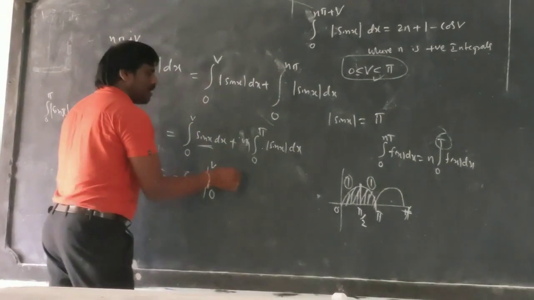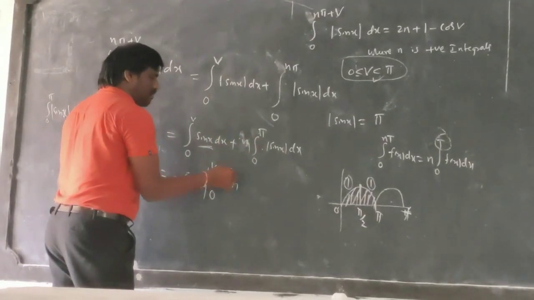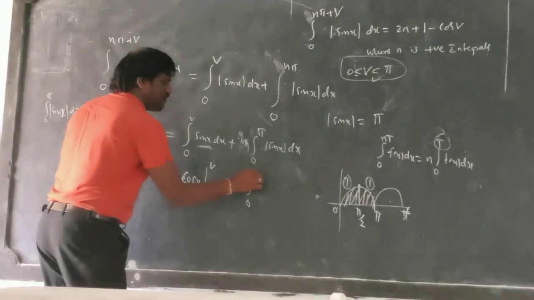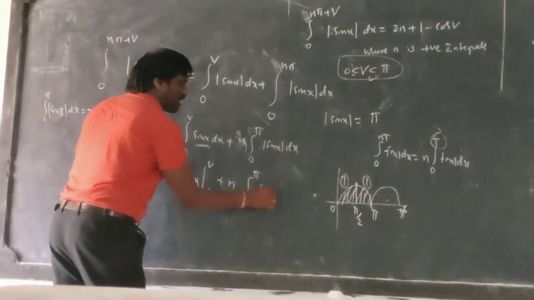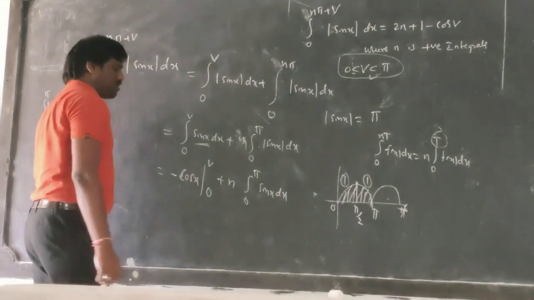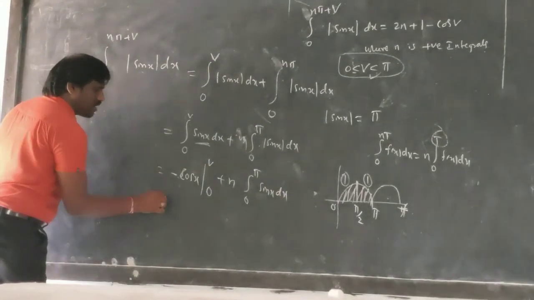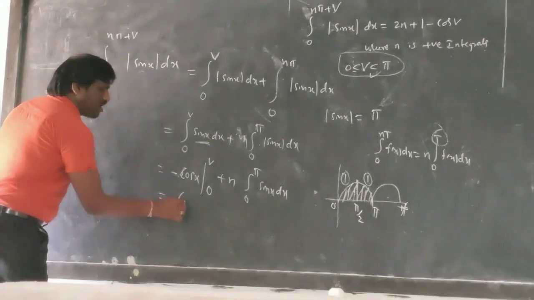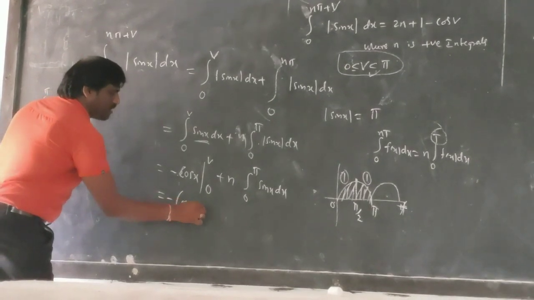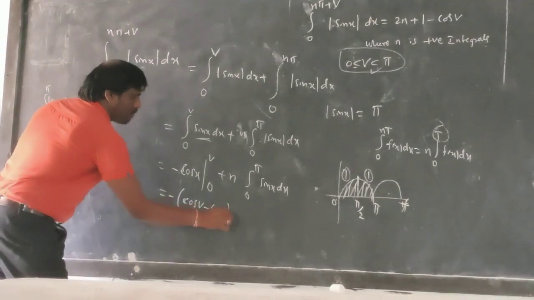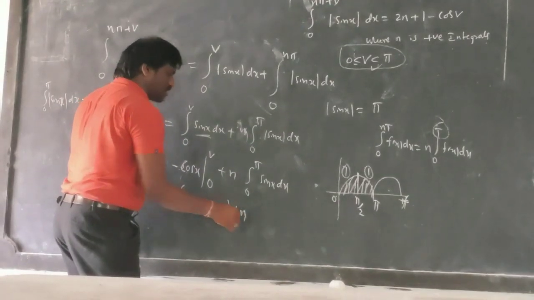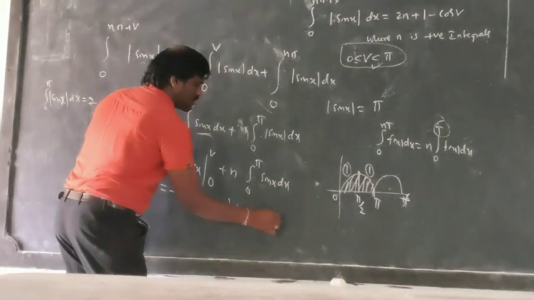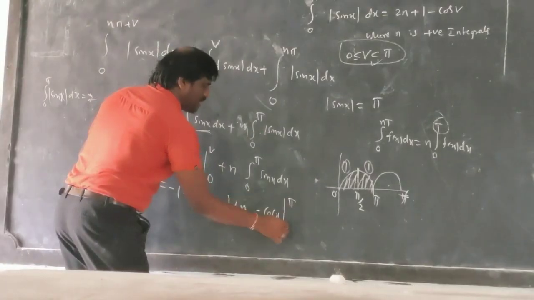Mod sin x opens with positive sin x, and if we substitute, we get minus cos b plus cos 0, plus n times the integral of sin x, which is minus cos x, substituting pi and 0.